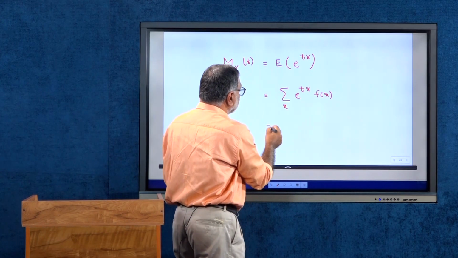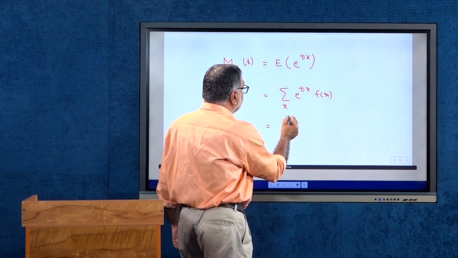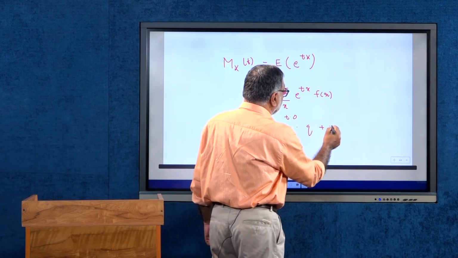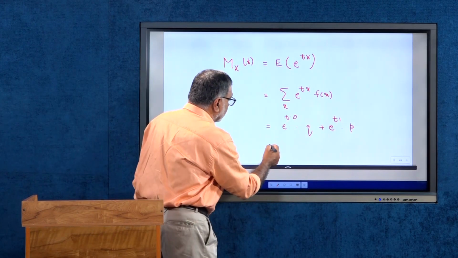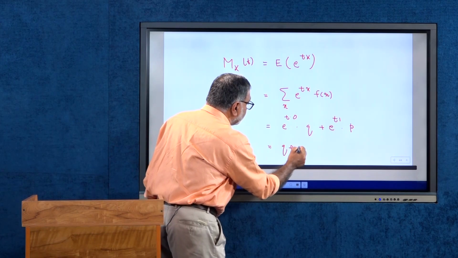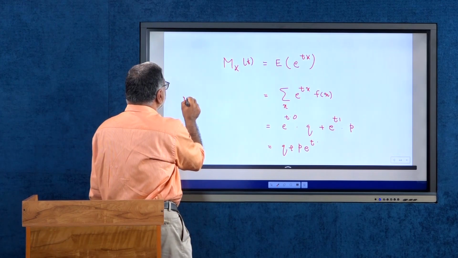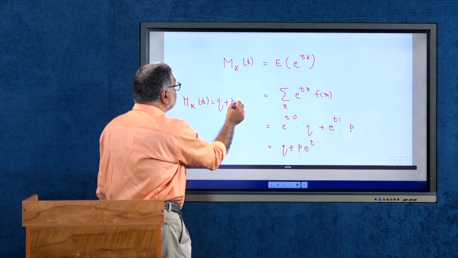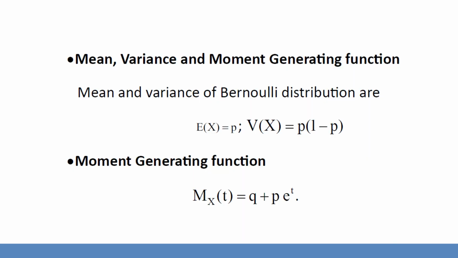We have two values for x, 0 and 1: e power t into 0 with corresponding f(x) value q, plus e power t into 1 with corresponding f(x) value p. So it is q plus p e raised to t. So for the Bernoulli random variable, the moment generating function is M_x(t) equal to q plus p e raised to t.